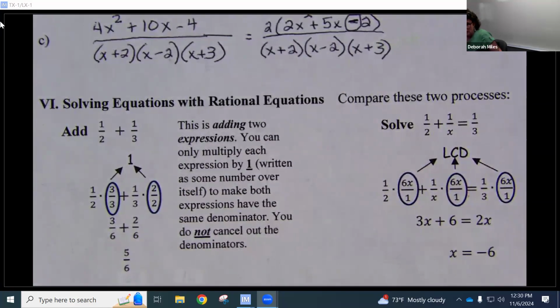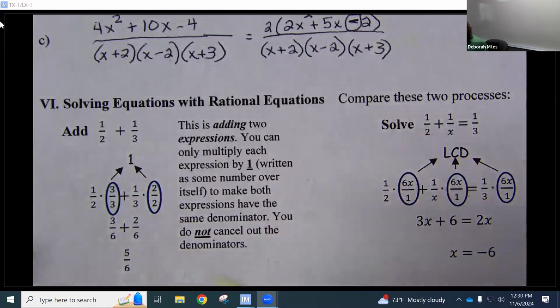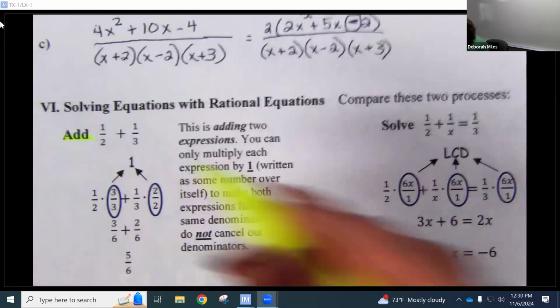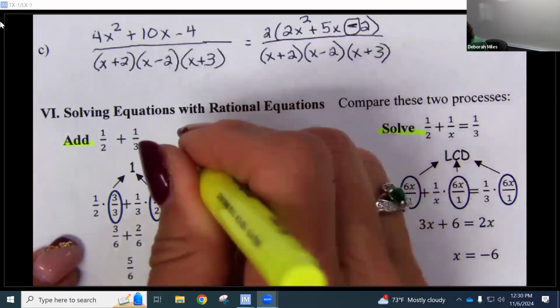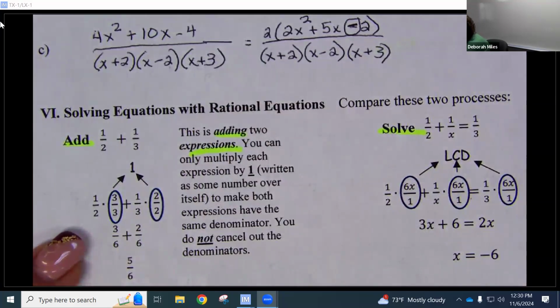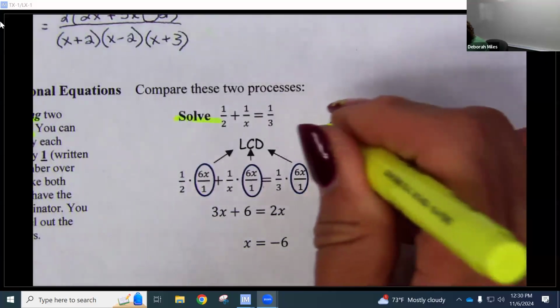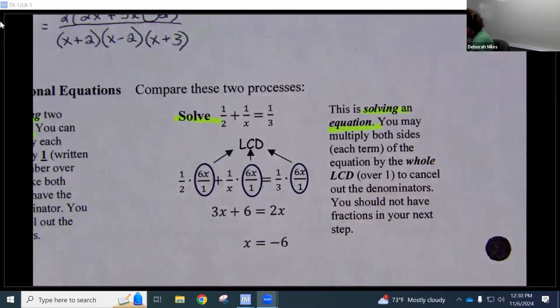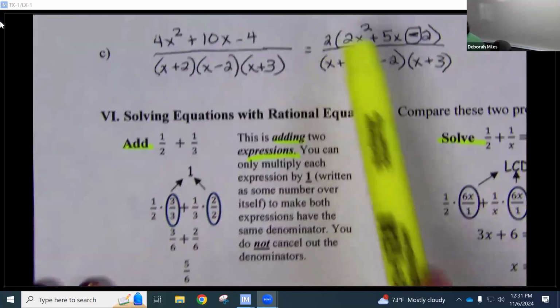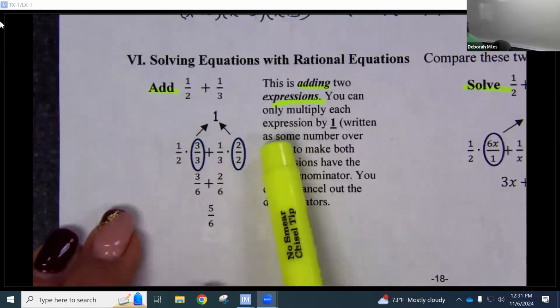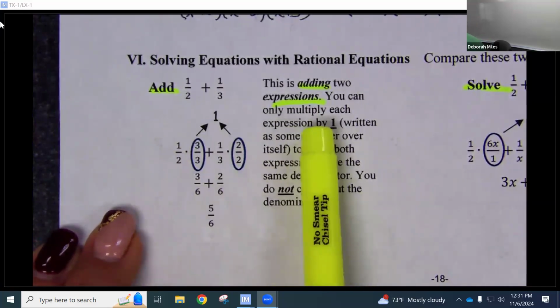So you really have to squint hard and understand the difference between adding expressions and solving an equation, because what you do in those two processes is different. What we just did in examples 11 and 12, we were adding. And here we're adding.